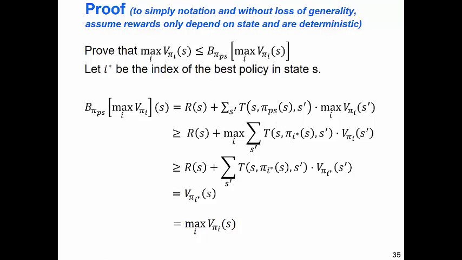Replacing it with I star is not a big deal, but we took the max outside of the sum. If you have a max inside the sum, you can maximize for each individual state that you come across, whereas here you have to find an I that works overall for the state. So it's pretty clear that this is at least as big as this, because you have more flexibility.